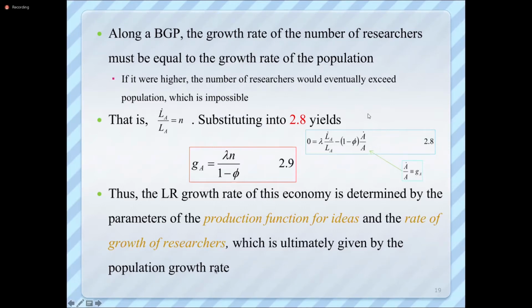So therefore, under the Romer model, Romer is trying to say that with production of ideas, there is definitely long run growth. Unlike what Solow said, in the long run, Solow had no element, he could not come up with any discussion to explain long run growth. So what he was discussing is there is growth, but after a certain level, the growth ultimately stops.